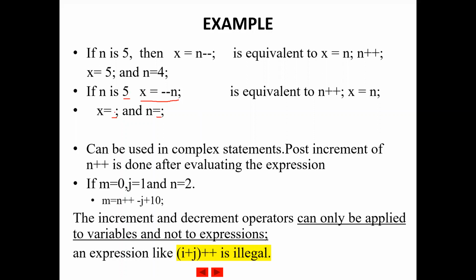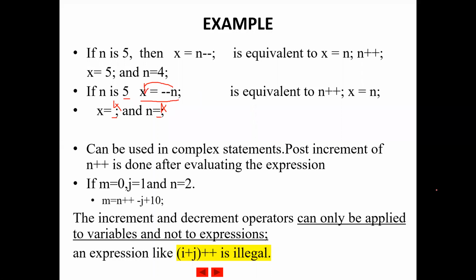N is 5, so it will become 4. After decrementing, it will be assigned to x. So what will be the value of x? 4. Then what is the value of n? 4. With confidence you tell this will be 4.